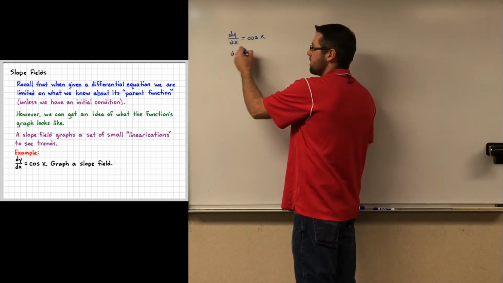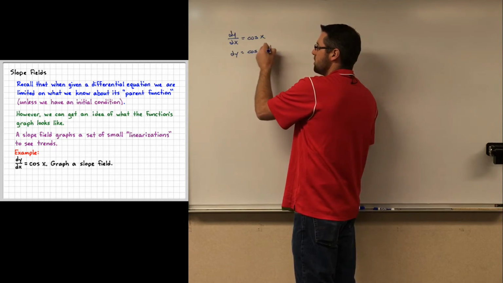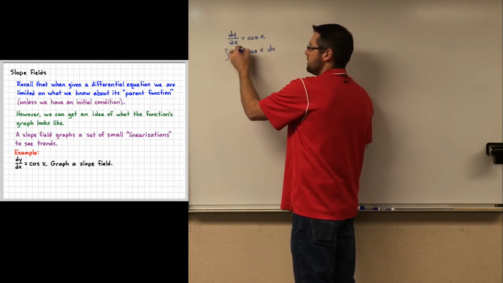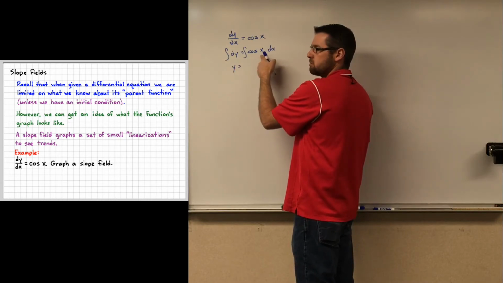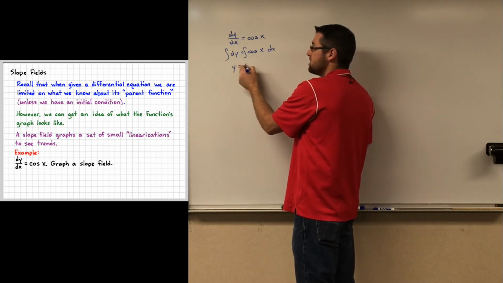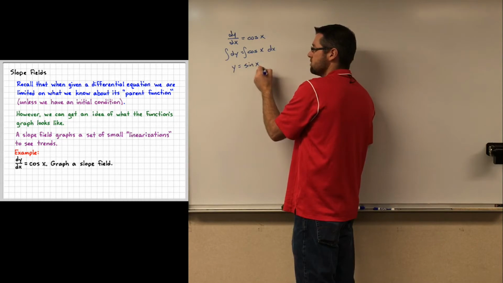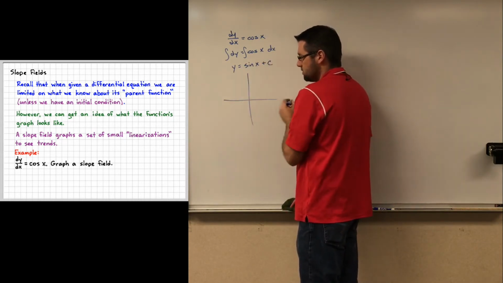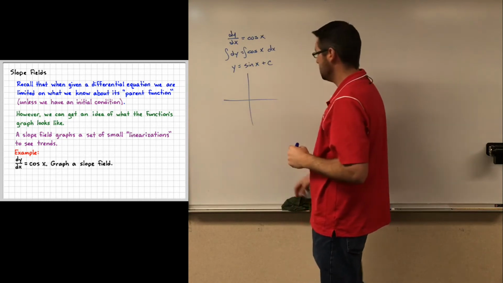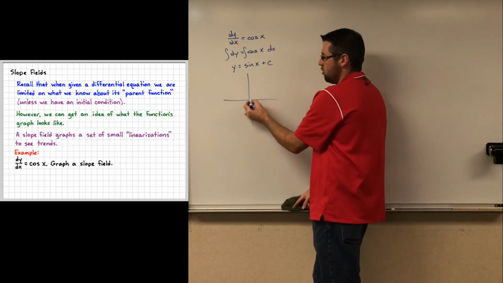Yeah, the process, right? Remember the process we talked about? Got to multiply by dx and then integrate. So we get y equals, what's that? Sine of x plus c, right?